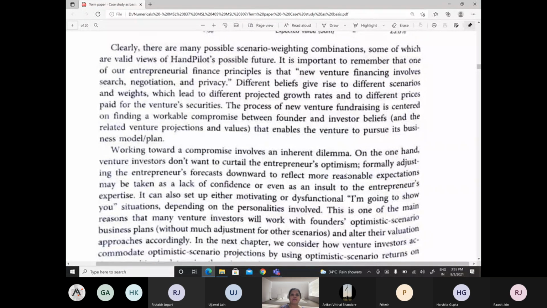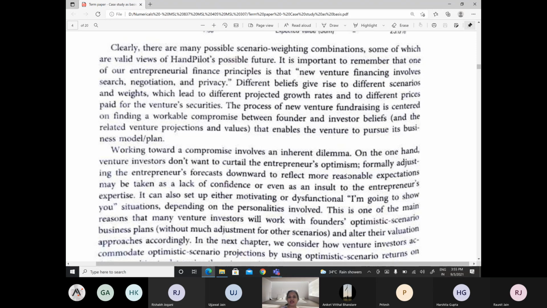So clearly there are many possible scenario weighing combinations, some of which are valid views of Hand Pilot's possible future. It is important to remember that one of our entrepreneurial finance principles is that new venture financing involves search, negotiation, and privacy.